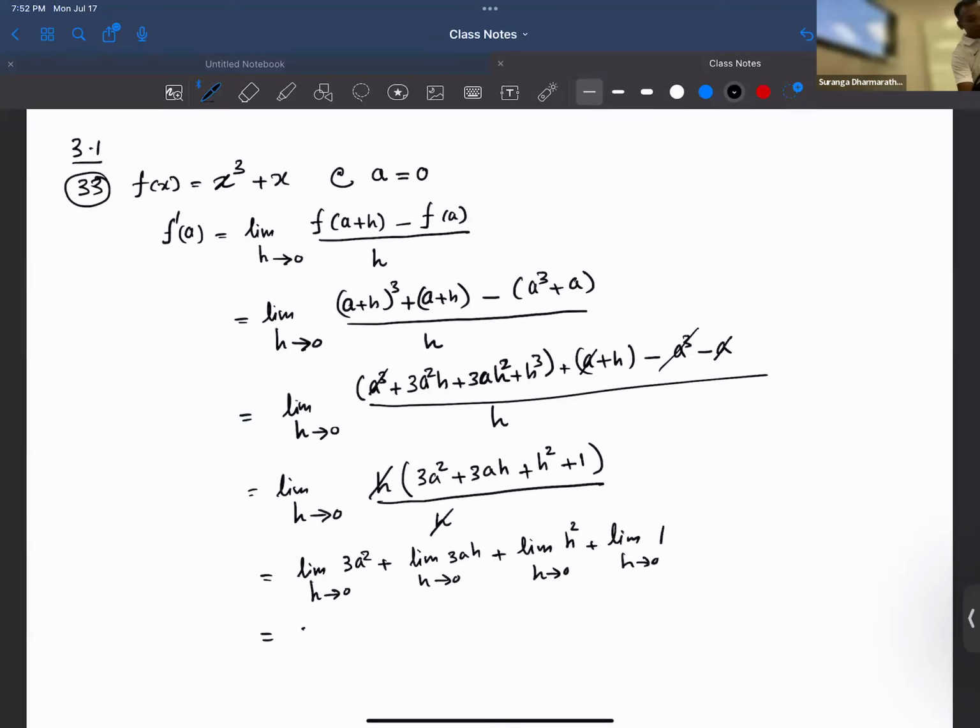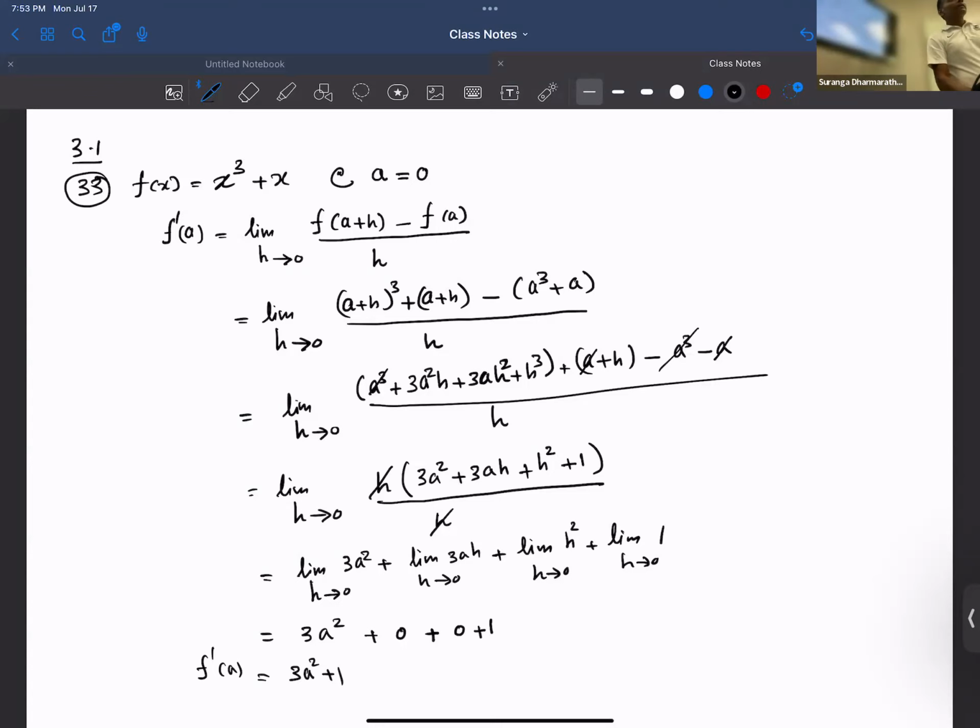And the second term is 0, and the third term is also 0. Why is that 0? Because h goes to 0, right? When h goes to 0, 3ah goes to 0 as well. So that entire term is 0. And then plus 1. What do you have? 3a squared plus 1. That is your f prime of a.